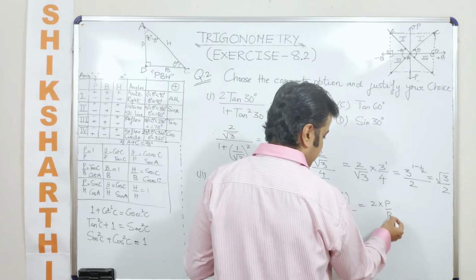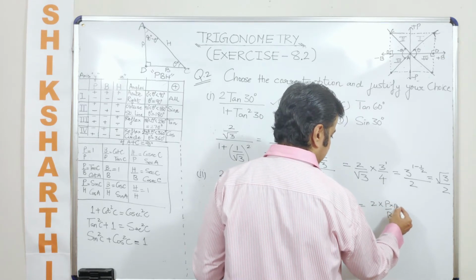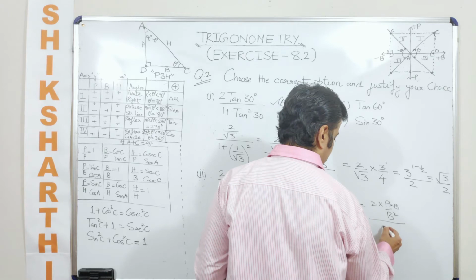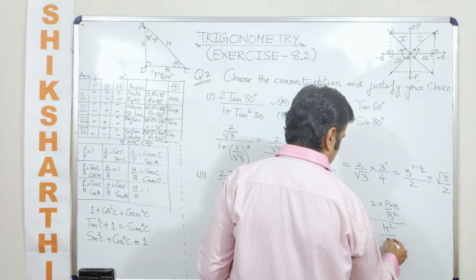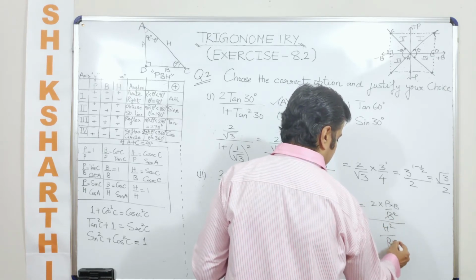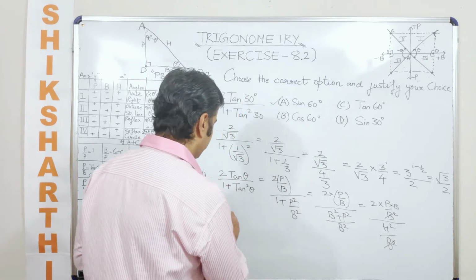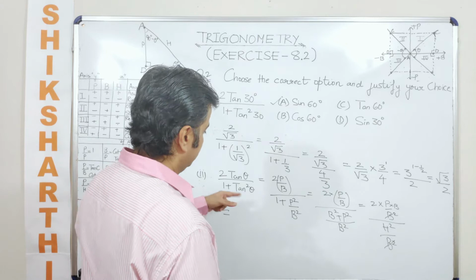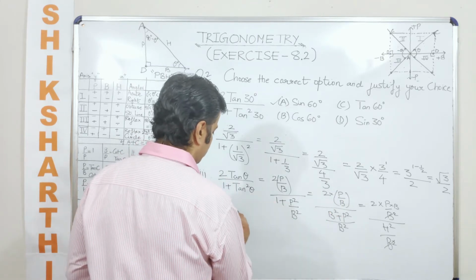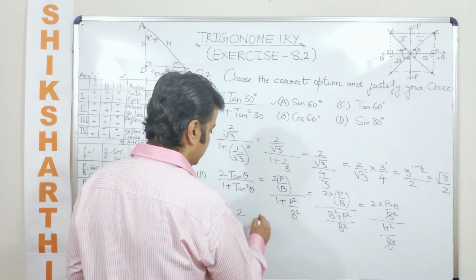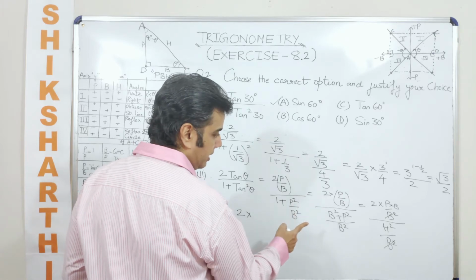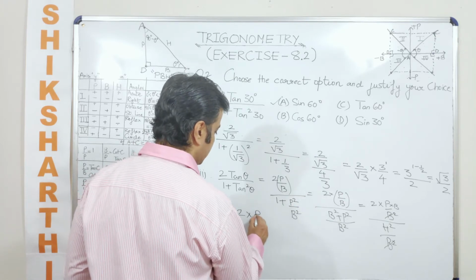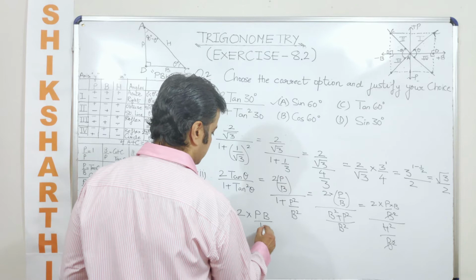So can I say finally this is nothing but 2 into p by b, and if I multiply b and b on both the sides, so this I can say is pb upon b square, and this is h square upon b square. Why have I done this? So that I can cancel the denominators, and eventually you can write it like, let's see how. So this is pb upon h square.